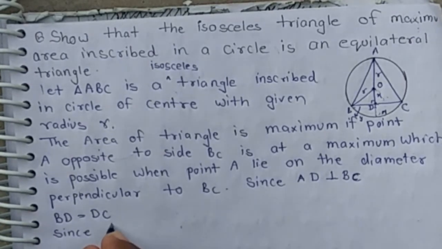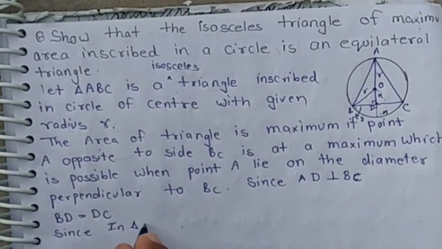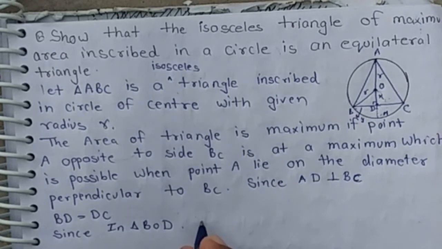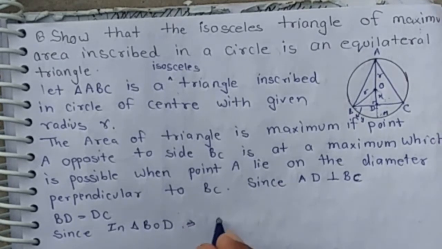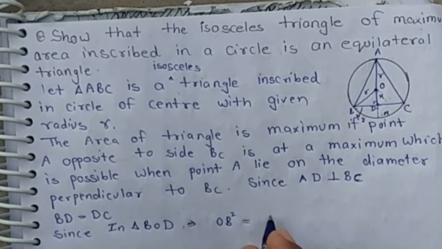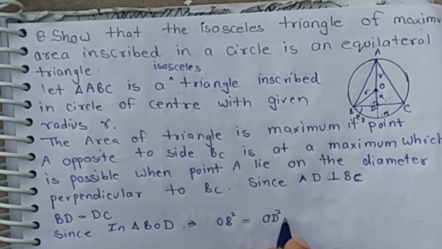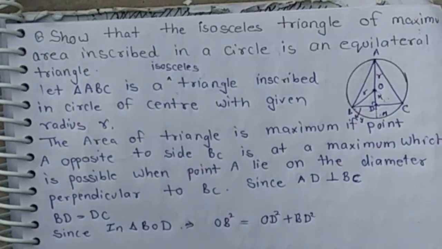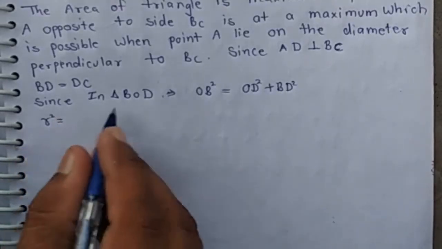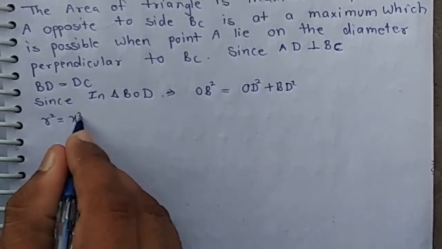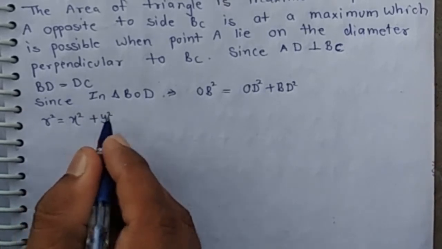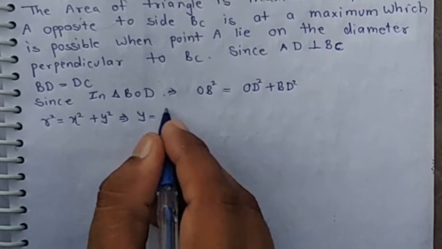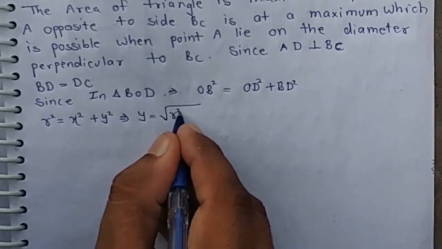Since in triangle BOD we have, by Pythagoras theorem, OB square equals OD square plus BD square. OB square is R square, OD square is X square, and BD square is Y square. Then the value of Y is square root of R square minus X square.